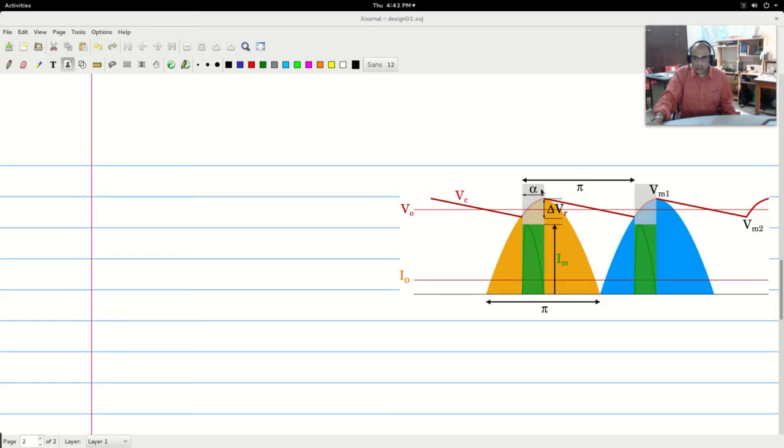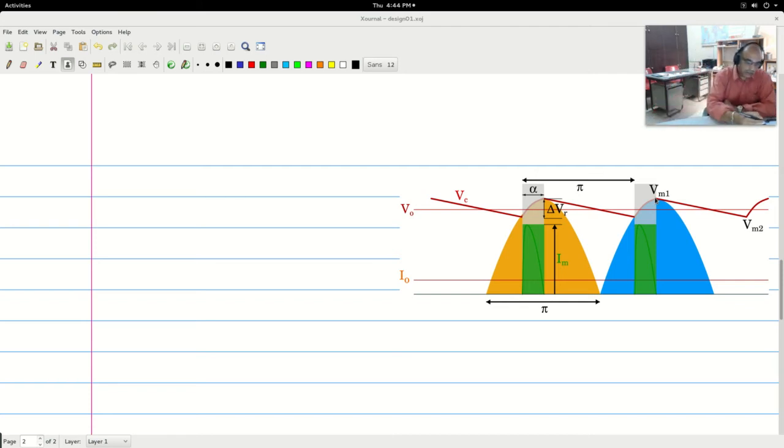This alpha time is the period during which the diodes are conducting. Do we know this value of alpha? We know this value of peak Vm1. This is a cos wave from here. So Vm1 cos alpha will be Vm2. So we know Vm1, we know the ripple, we know Vm2, and therefore we should be able to know alpha.